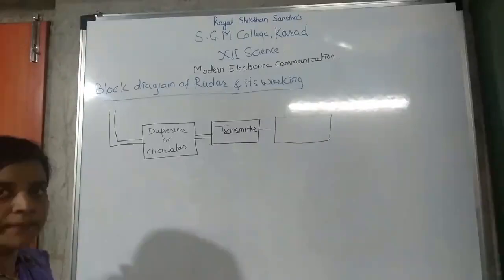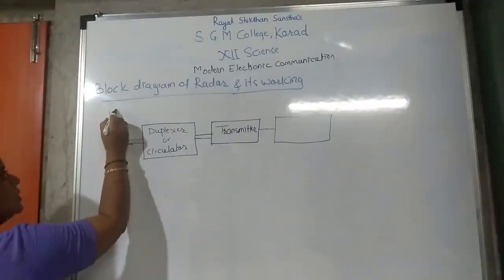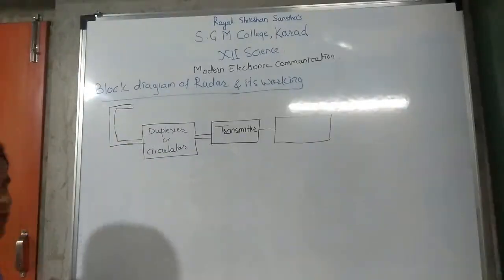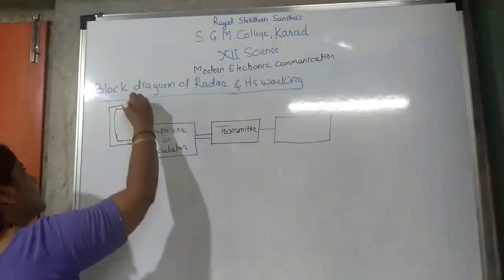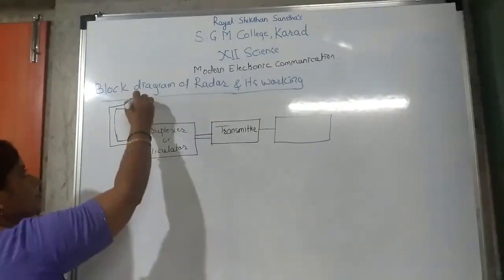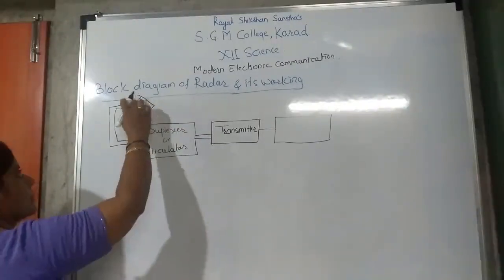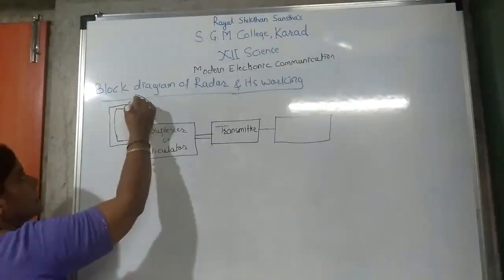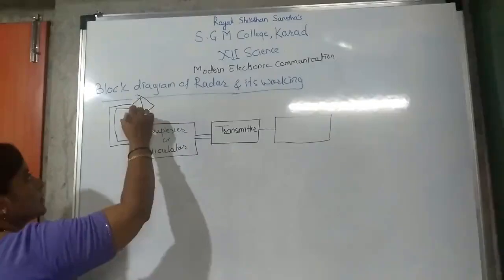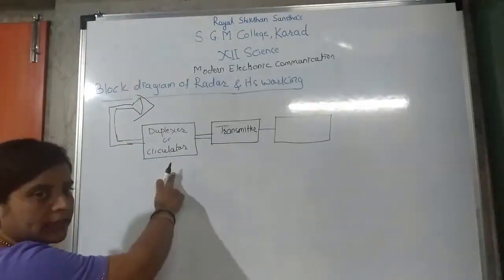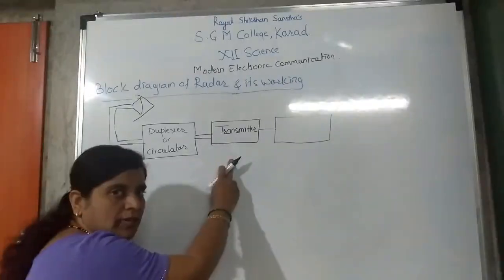This antenna is a horn type antenna. So the transmitter and the duplexer or circulator are there, and the duplexer is connected to the transmitter.